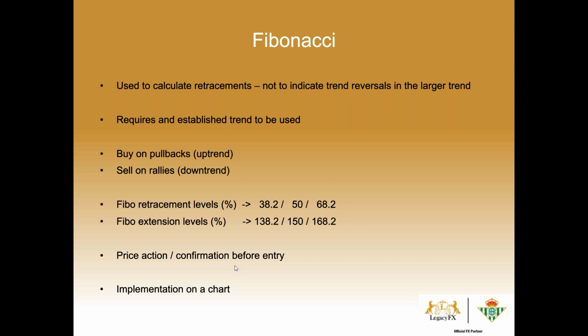Now, before we go into the implementation of the chart, there's a thing I want to note, and that is that Fibonacci is technically a self-fulfilling prophecy. The reason I'm saying that is because so many traders utilize it and correspondingly use those levels for pending orders.